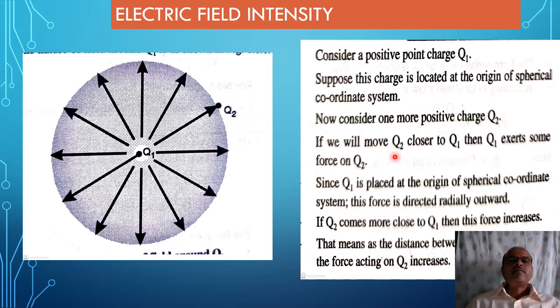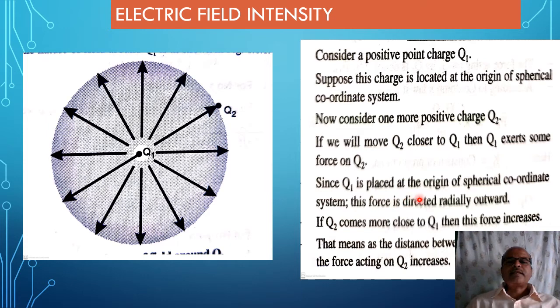If we move Q2 closer to Q1, then Q1 exerts some force on Q2.